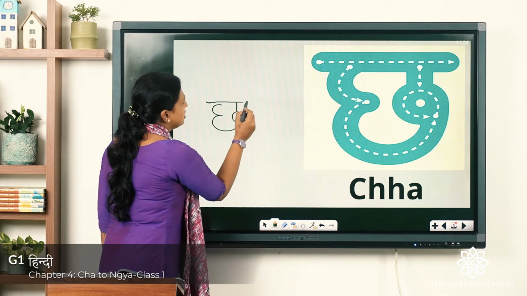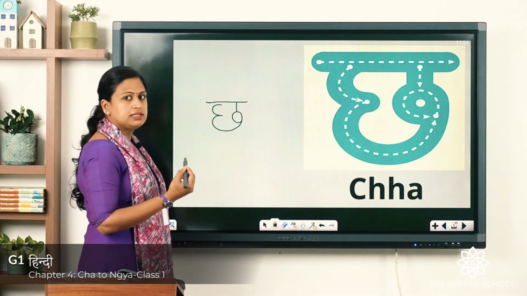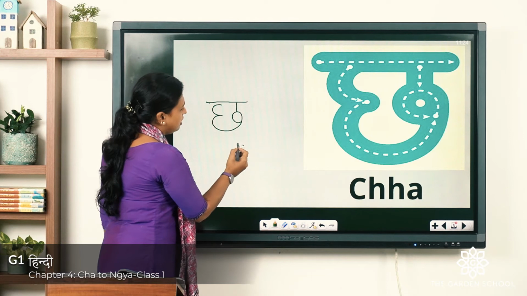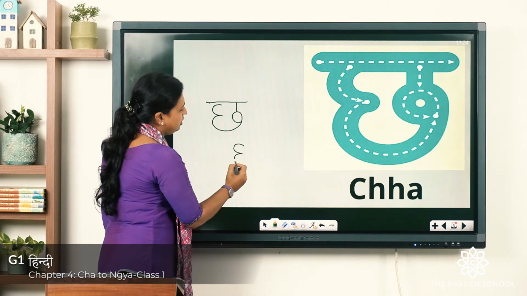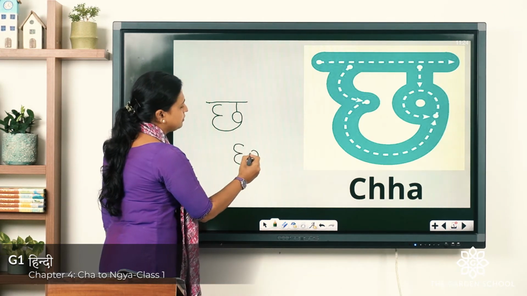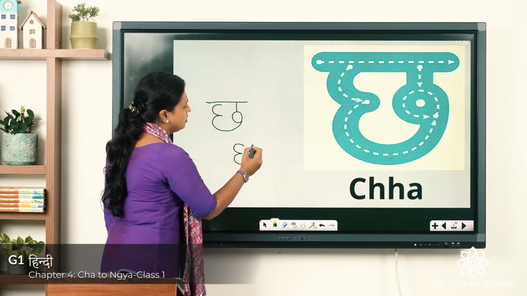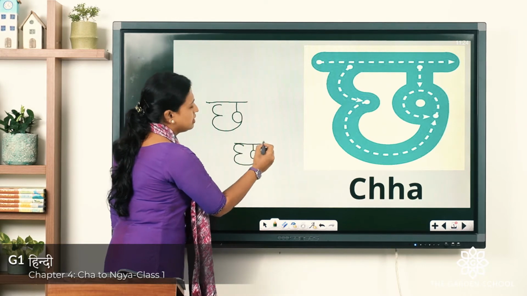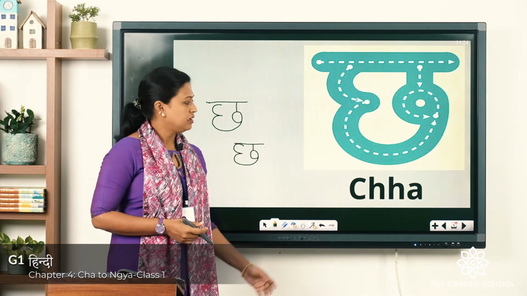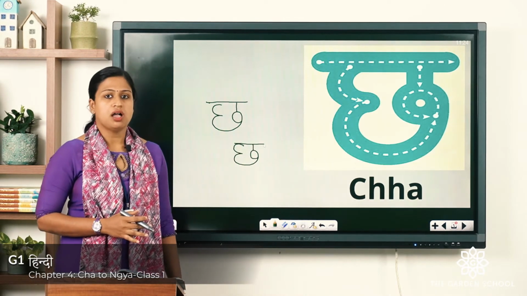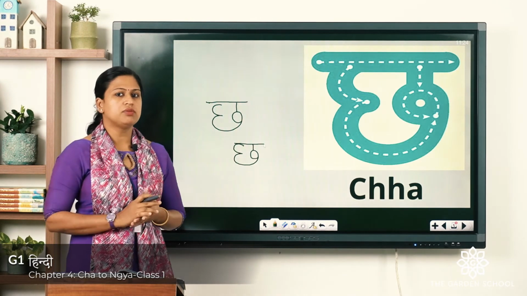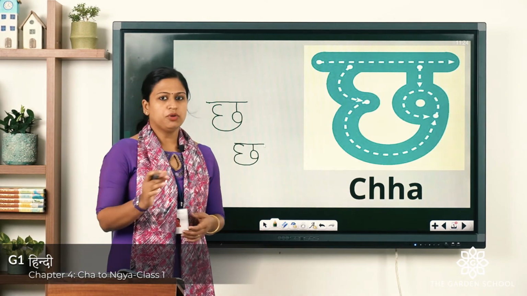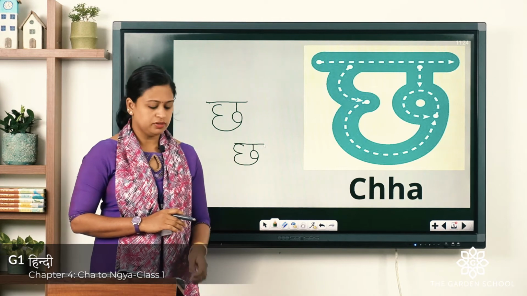Then sleeping line. Once again, inverted 3, then it goes up and a small circle, short straight line and a sleeping line. We pronounce it cha. A small H sound you can hear. I hope you all have written it in your notebook.